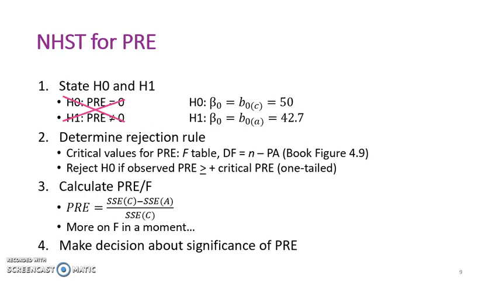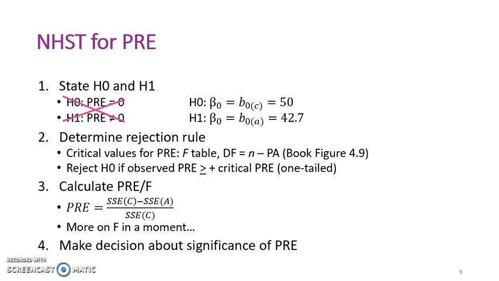Let's go through the steps of NHST for PRE. The null hypothesis and alternative hypothesis are not that PRE is equal to 0 or that PRE is not equal to 0. Remember that we will already have estimates of B0 for models A and C. For example, these would be the computed mean estimates in the simple models that we've been discussing.